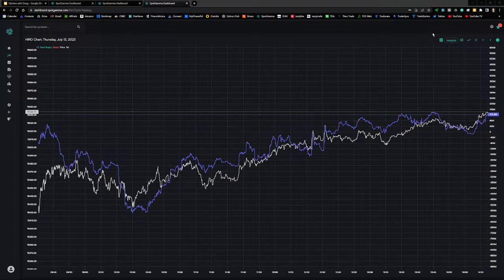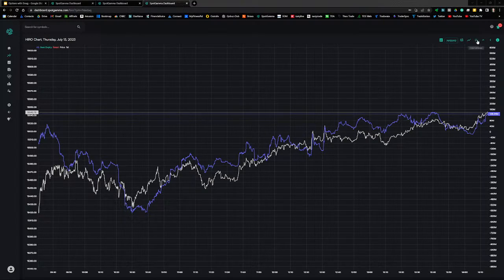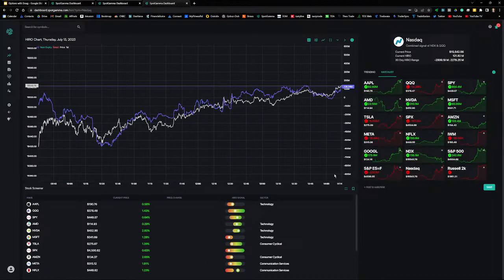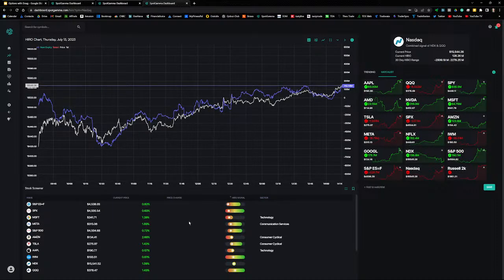All right, let's take a look at the Hero signals. So what Uncle is asking about is this Hero signal right here, and you can rank or sort your watch list, or the entire list of symbols that support Hero, by this Hero signal.